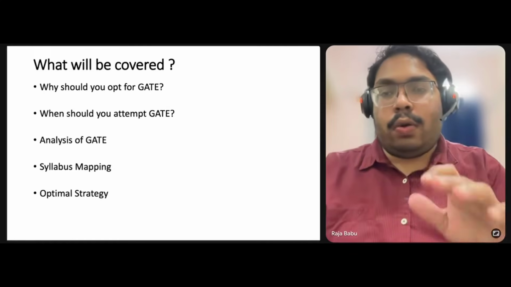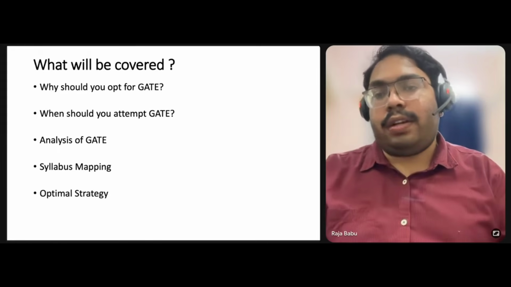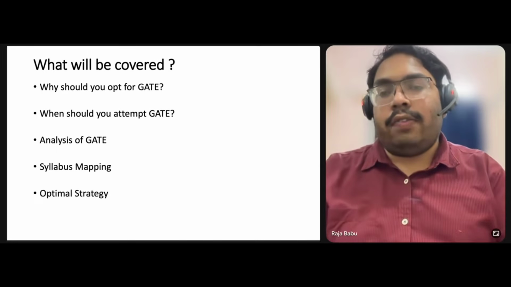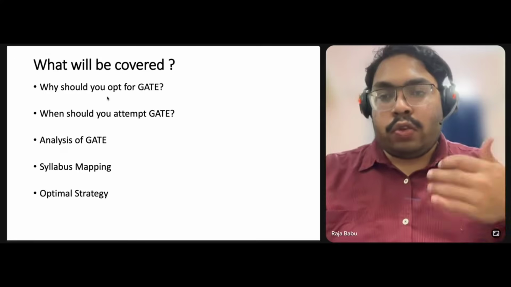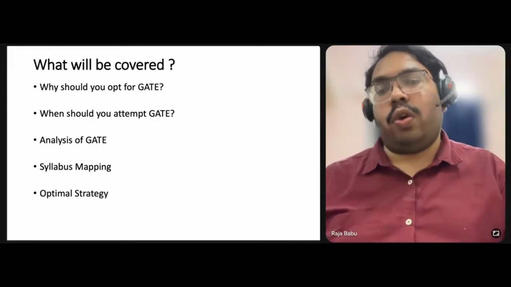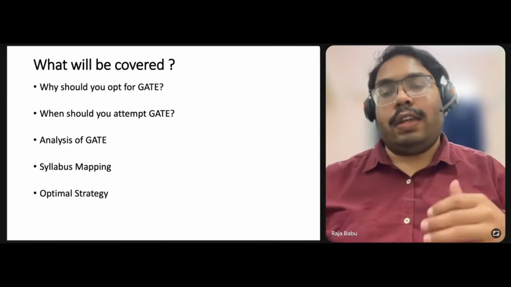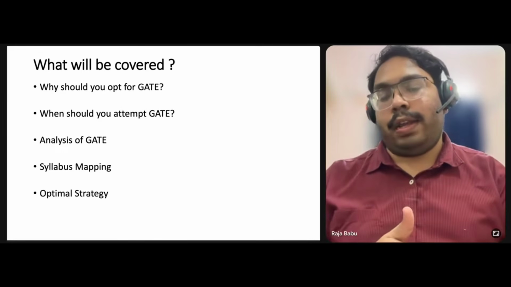All these sections will be covered, and in the description you will find separate timestamps, so you can visit whichever section you want. First we will see the why aspect, that is why you should opt for GATE, which is a very important thing. Then we will see when is the ideal time to attempt GATE.